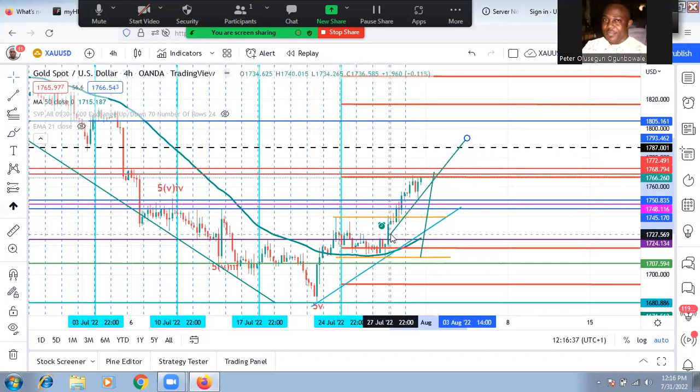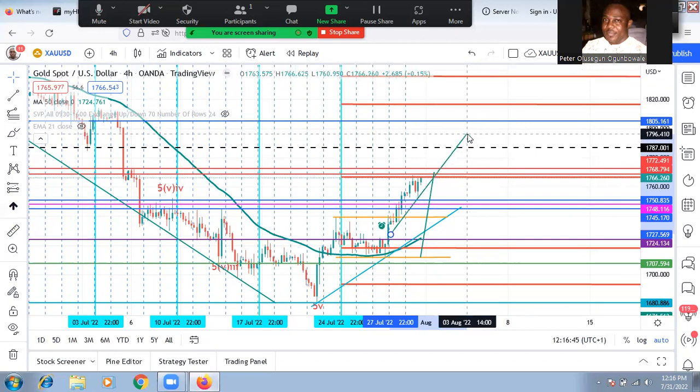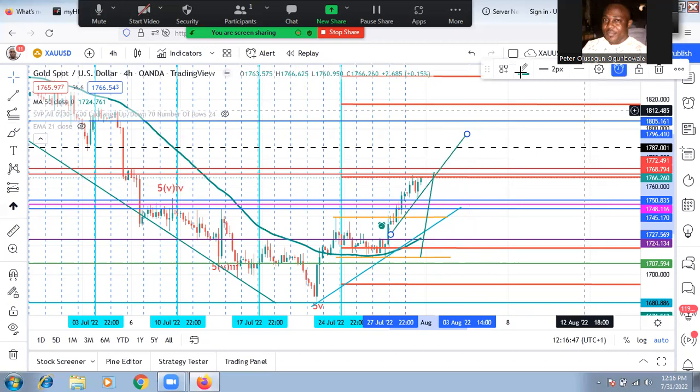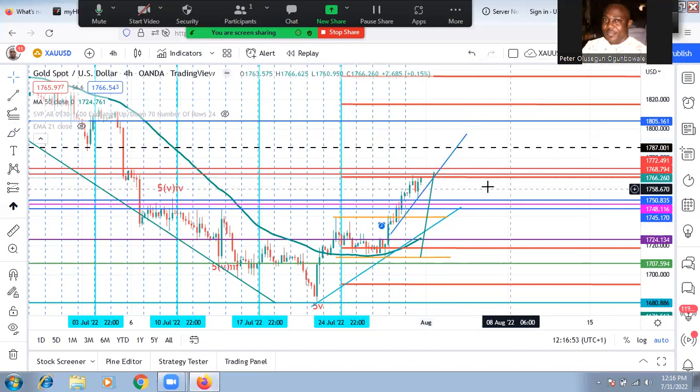It's going as an ending diagonal in this area. Good. So it's like an ending diagonal in that area to finish this with 5 here. That is what I can see.